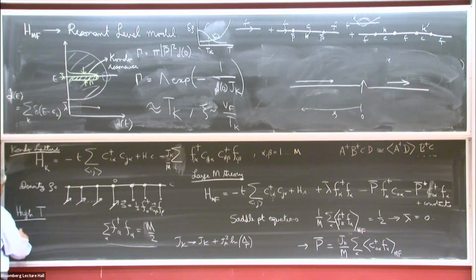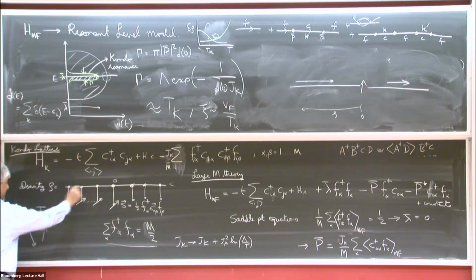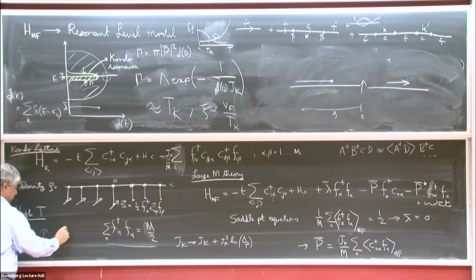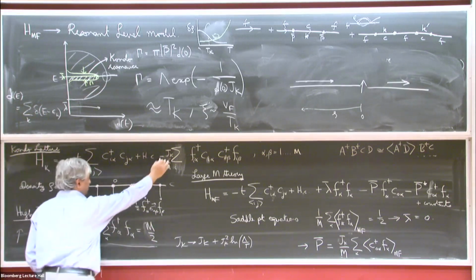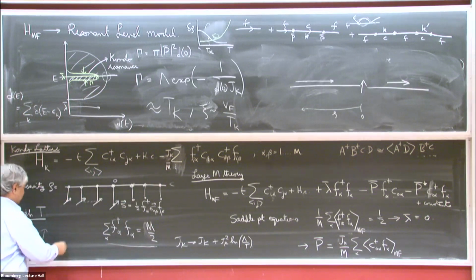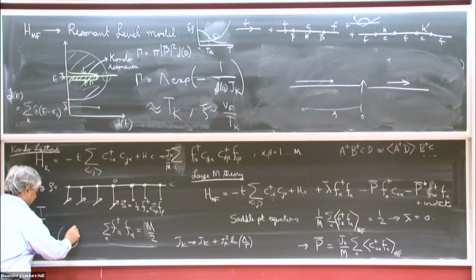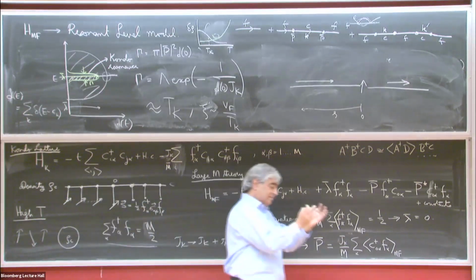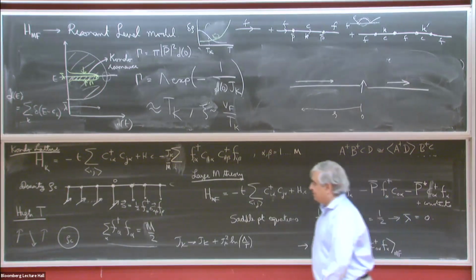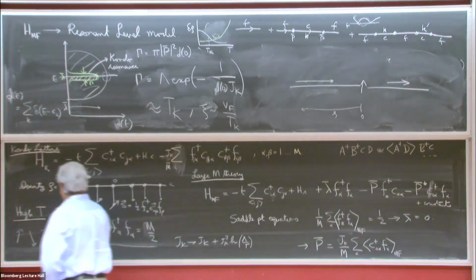You have a bunch of spins which will do their own thing and give you a Curie susceptibility, and the conduction electrons, we are still below the Fermi energy of the conduction electrons, but much above the Kondo exchange, which is a much smaller number. The conduction electrons form a Fermi surface of size rho_c. So you would just take a density rho_c and compute from that the size of the Fermi surface. And this is what we call a small Fermi surface.